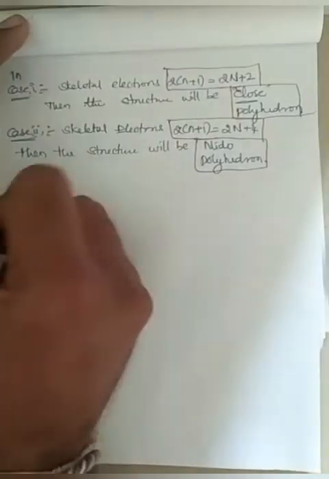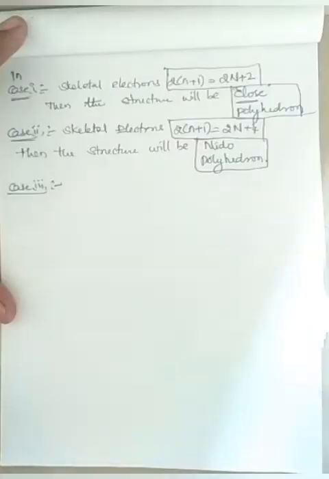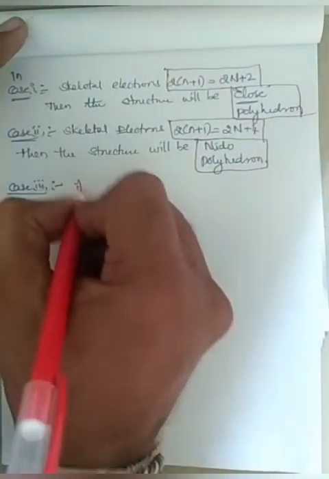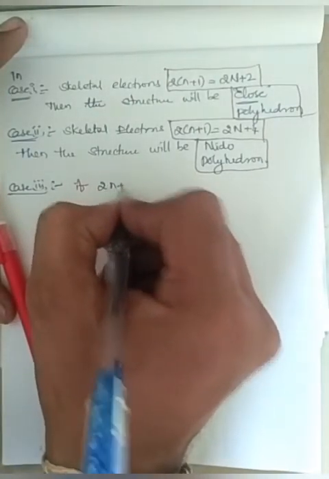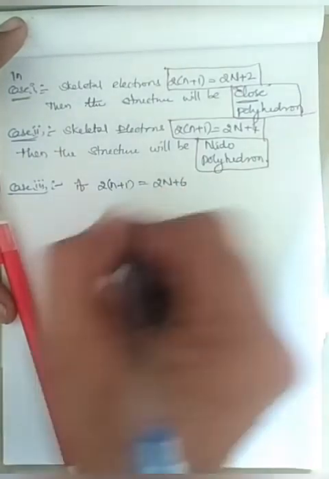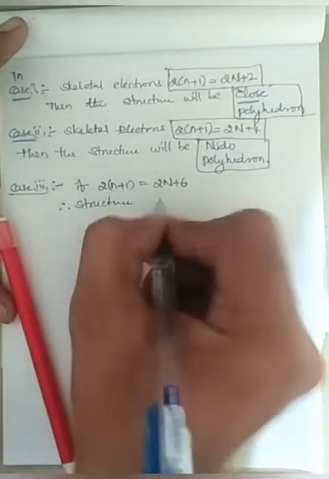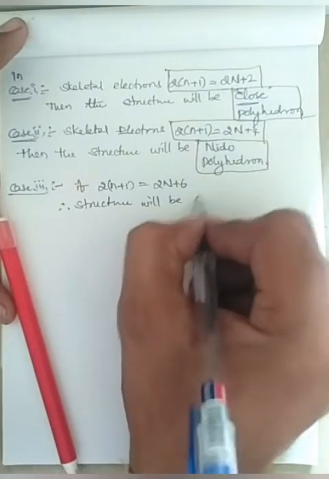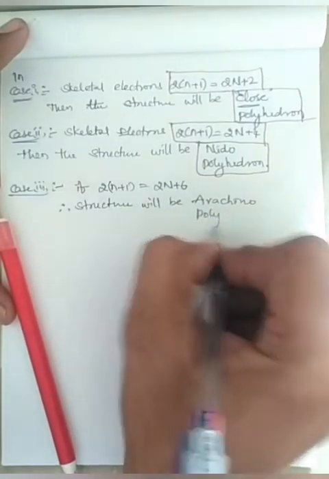Like that, there will be 4 cases. Case number 3, skeletal electrons: if the skeletal electrons 2 into n plus 1 is equal to 2 into number of metal atoms plus 6, therefore the structure will be arachno polyhedron.